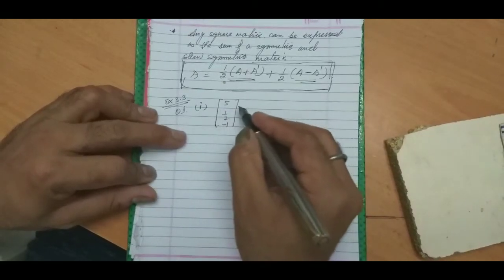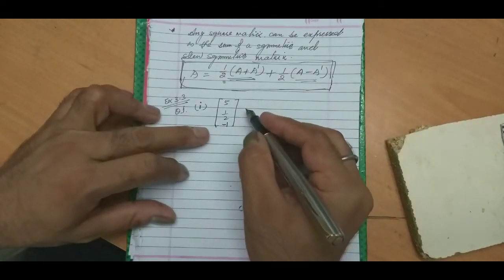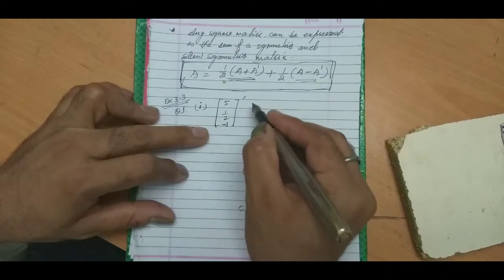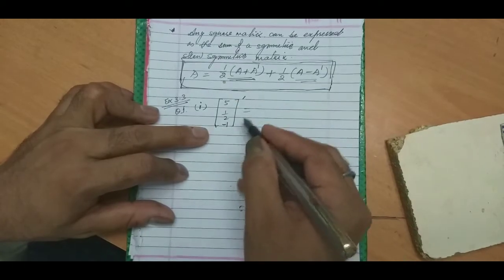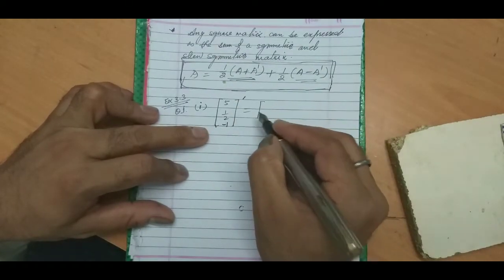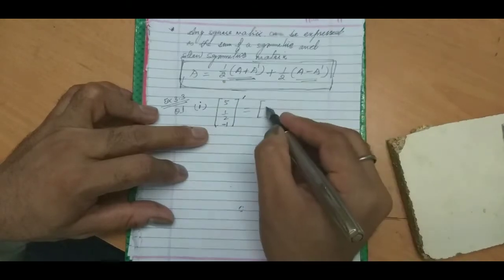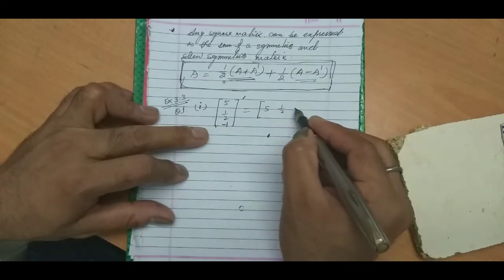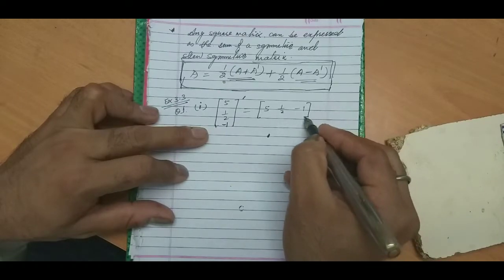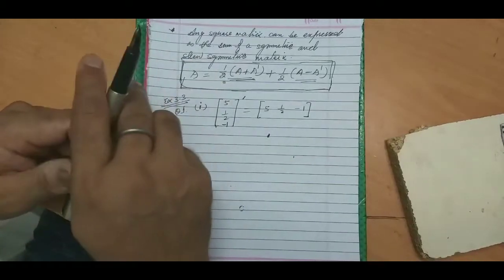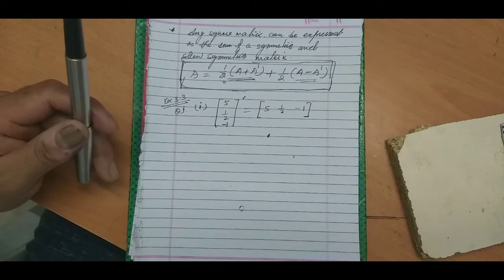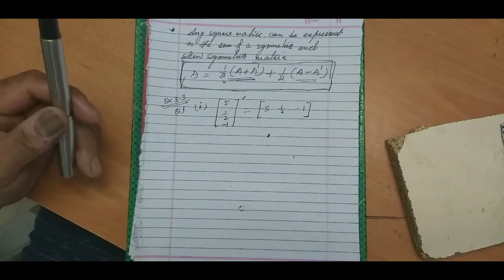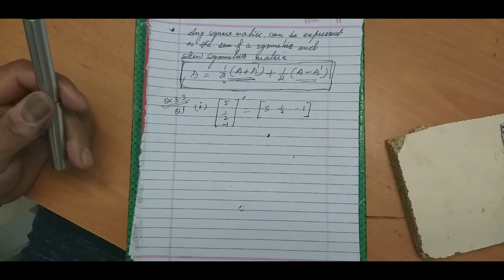The question is to find the transpose of this matrix. So the transpose of this matrix is nothing but, this is called column matrix, it will become row matrix, that's all. This column will become one row, 5, 1 by 2 and minus 1. So simple. Similarly, there are so many questions based on this transpose or symmetric or skew symmetric property.